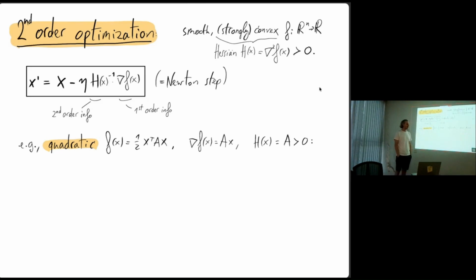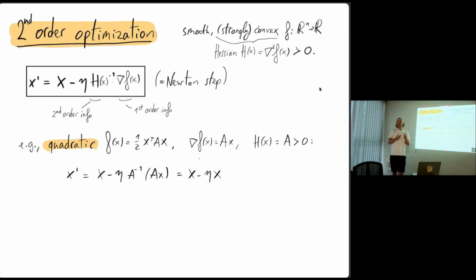If we take again a quadratic function f, then our gradient is Ax, and our Hessian is just this A matrix. Okay. So what we see is if you take a Newton step, then you're correcting for this potentially very ill-conditioned matrix A by your Hessian. So this extra Hessian information is precisely capturing the ill-conditioning, so then you can correct for it.